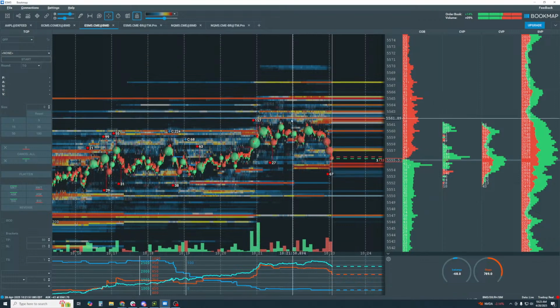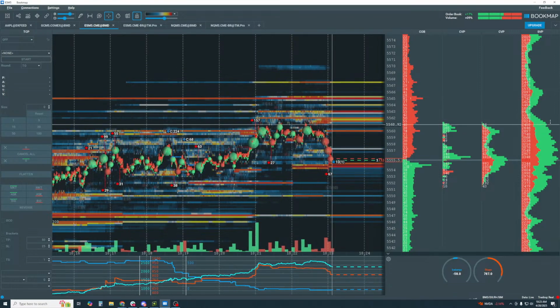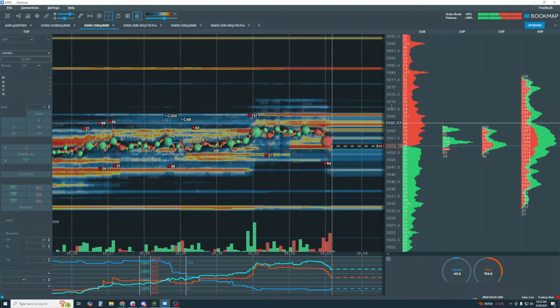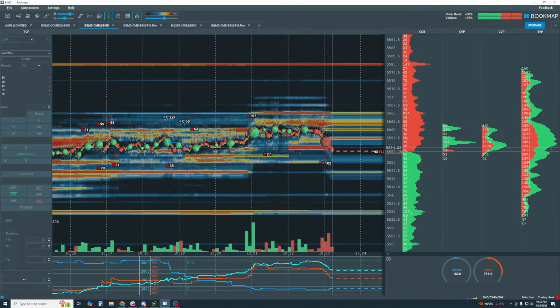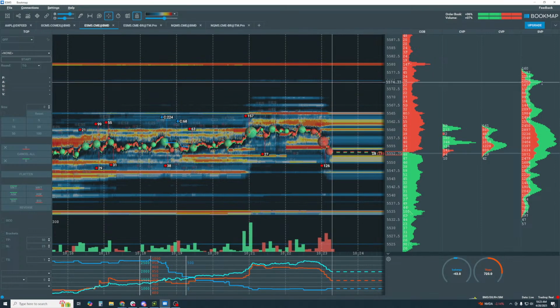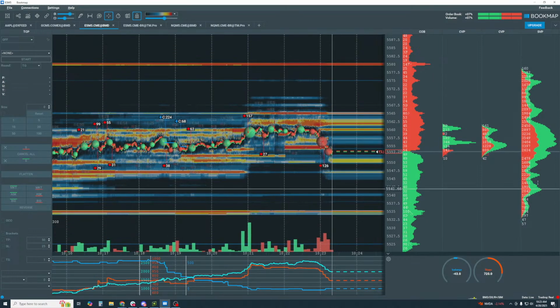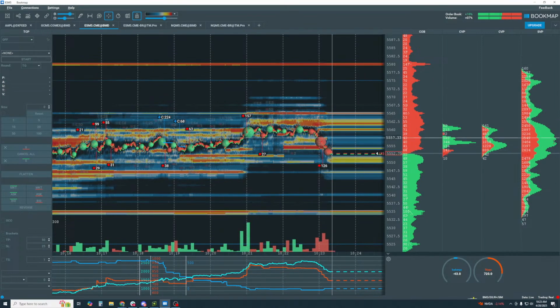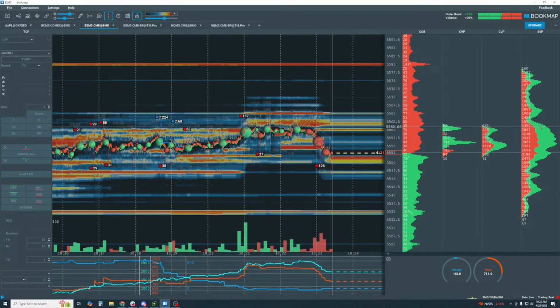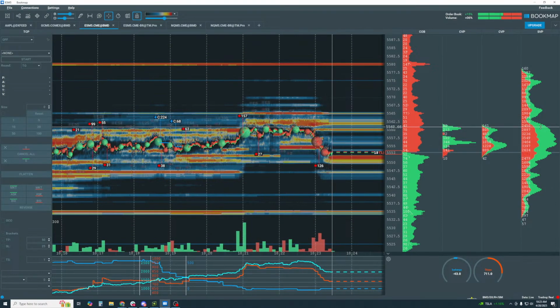We're above the 50 level, and you can see the transactions in our profile. They're pretty well distributed. You can see little high volume nodes up in these areas, but it's really in here where you see the vast majority of the trading so far.